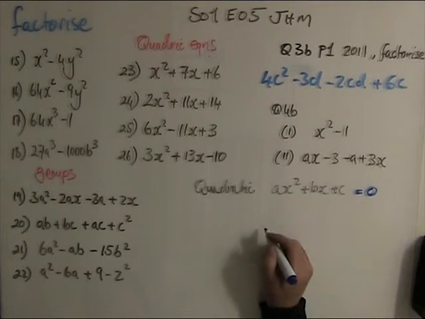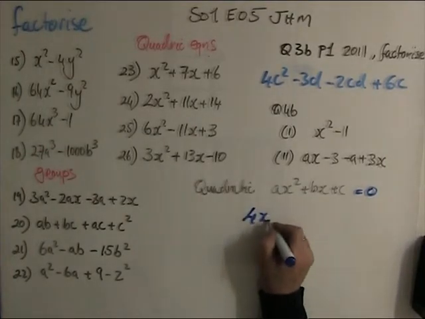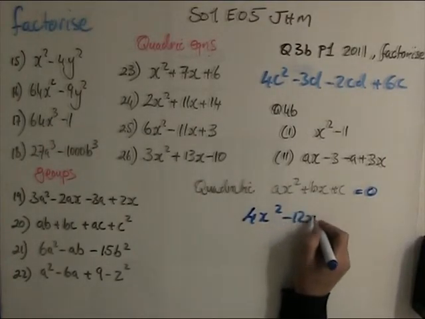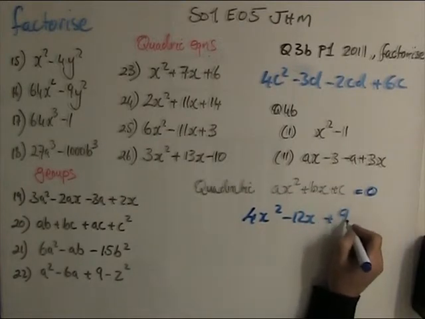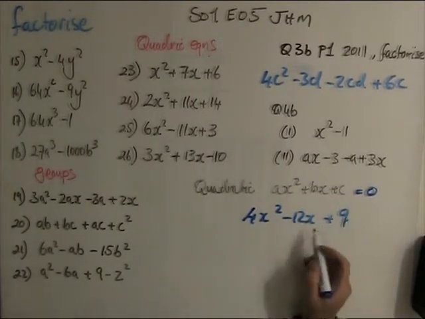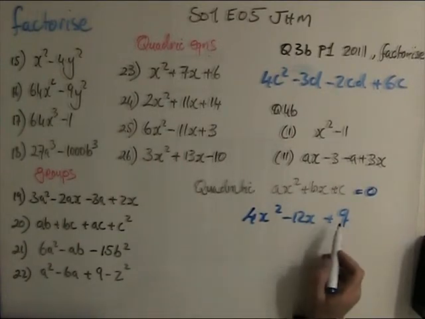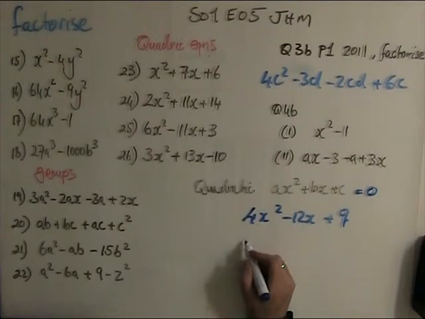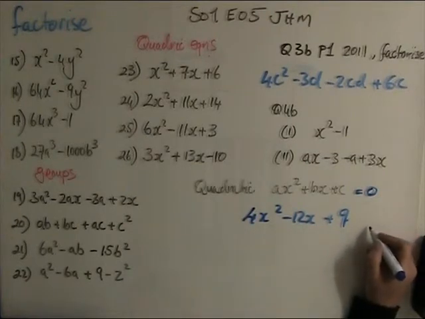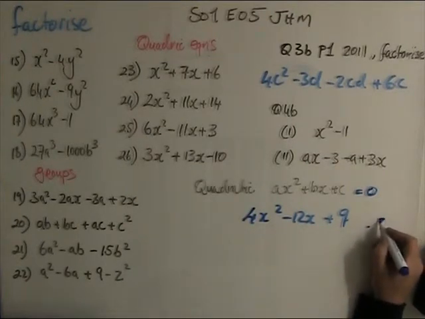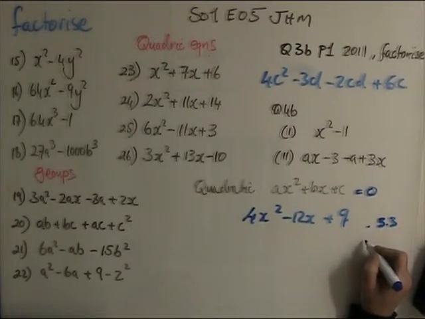Okay, 4x squared minus 12x plus 9. Here we go again. I'm looking at the factors of 9. I have to factorize my 4x squared. What are the factors of 9? Let's write them down: 3 by 3, and also minus 3 by minus 3.